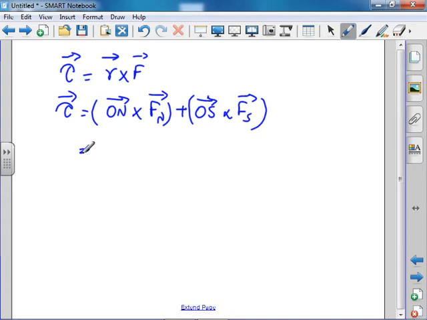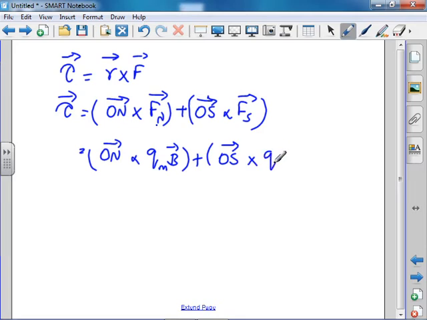Now we know the values of Fn and Fs. Substitute the values: ON vector cross QM B vector, the magnitude of the force, plus OS vector cross minus QM B. The negative sign indicates that the force is acting in the opposite direction to that of the magnetic field.